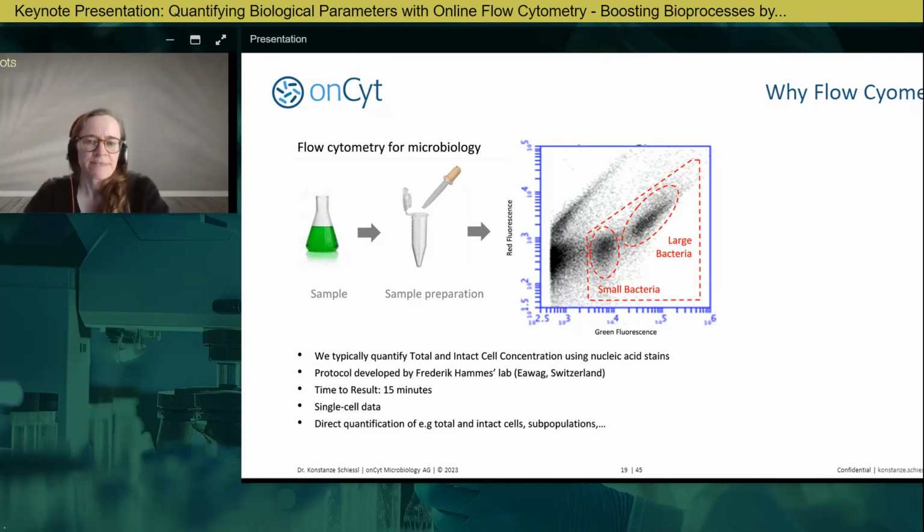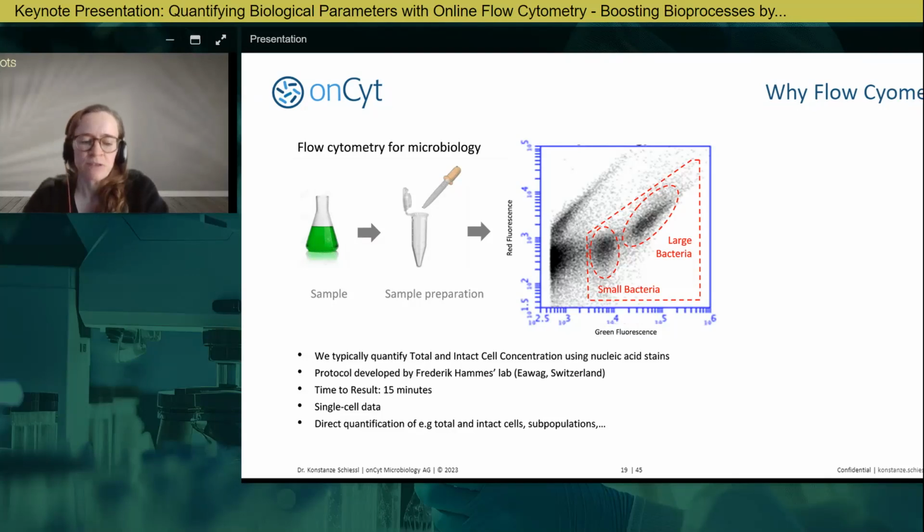So what you see here is an important part of the work for flow cytometry for microbiology. What we typically use the flow cytometer for in microbiology is to quantify total and intact cell concentration. So how many cells are in your sample and how many of them are approximately alive. Intact is not always the same as viable, but it can be for many applications.